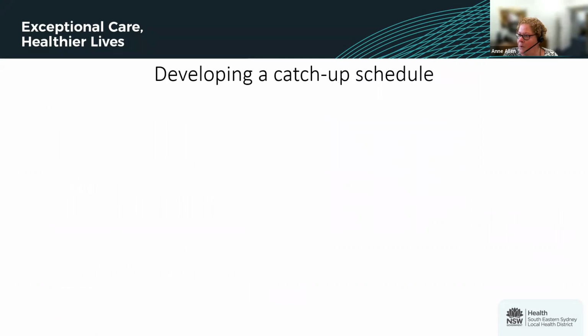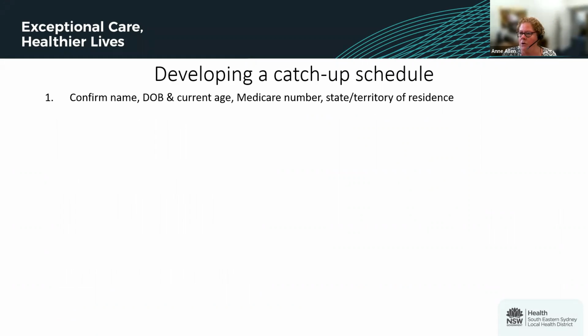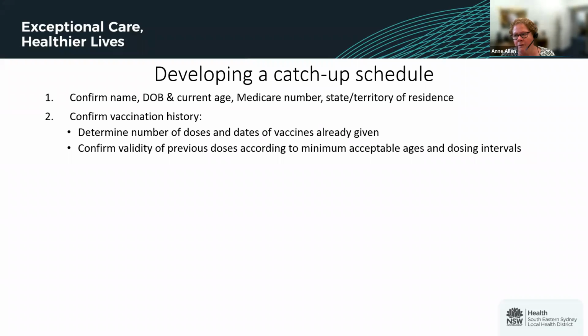Sorry. Okay, so developing a catch-up. This is generally what you need to do to develop your own catch-up. You confirm the name, date of birth and current age, their Medicare number and state or territory of residence. You confirm the vaccination history, so you determine the number of doses and the dates of vaccine already given.